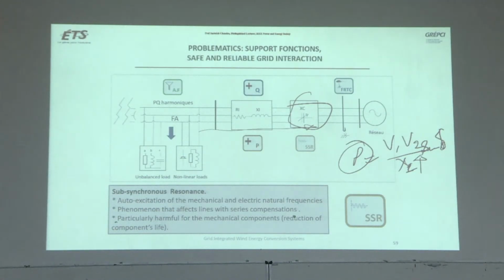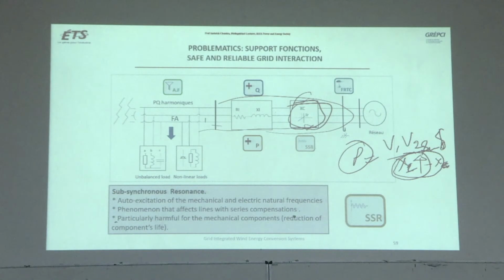How do you increase the power transfer? You reduce the reactance by putting in series capacitors. So it becomes XL minus XC. The total reactance of the line is reduced, so you can transfer more power.